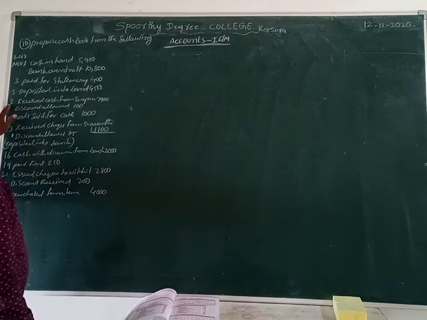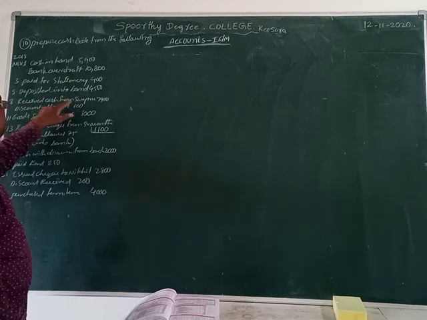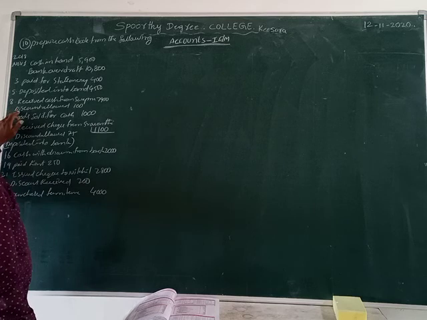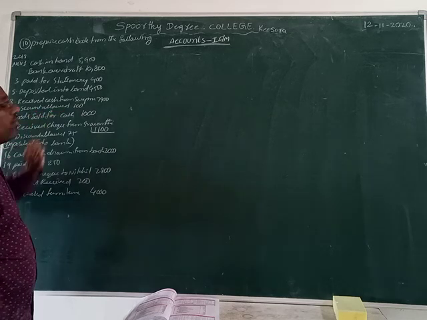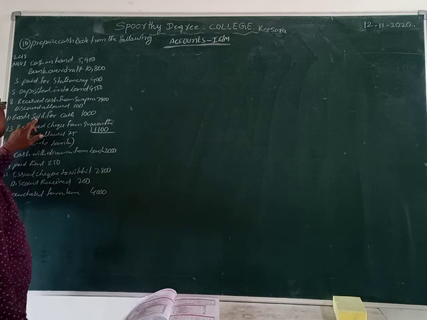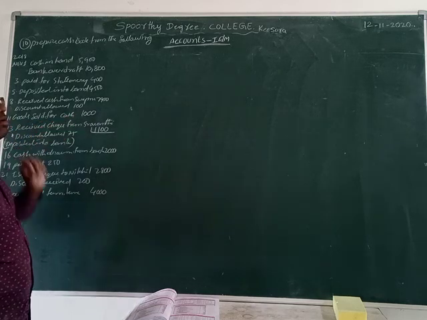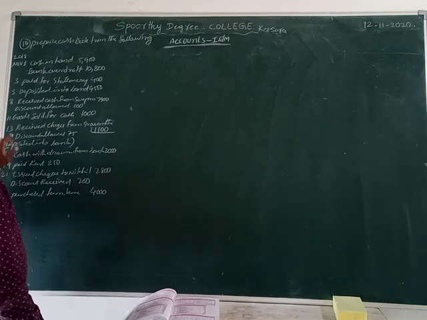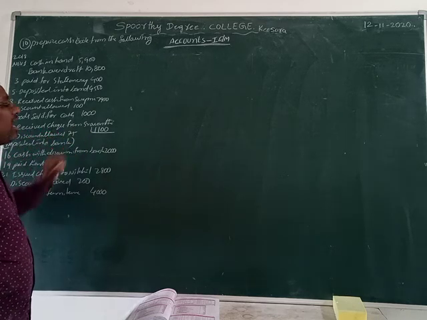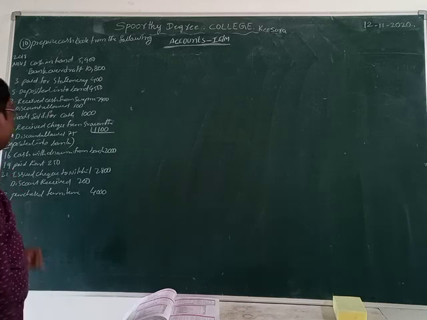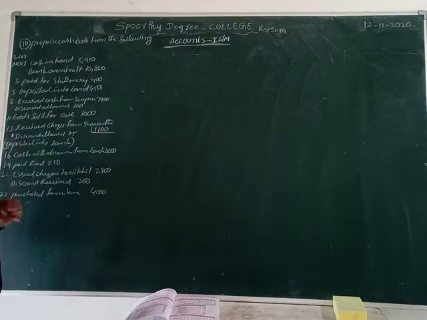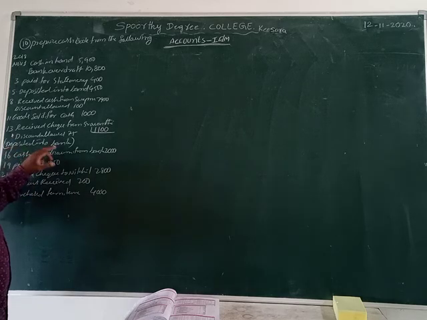Next, 8th date, received cash from Swapna 7,900 rupees and discount allowed 100 rupees. Another one is goods sold for cash 1,000 rupees. Next, 13th date, received check from Shravanti 1,100 rupees. Okay, now discount allowed 775 rupees and deposited into bank.